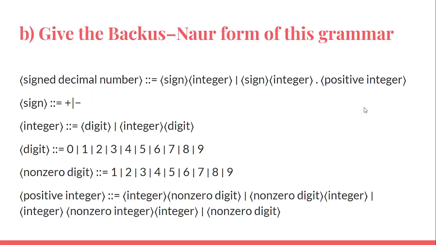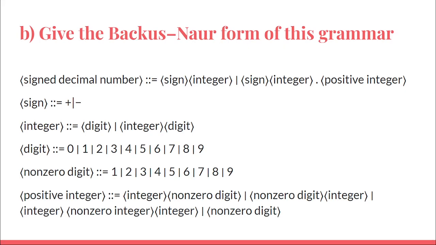The second question we were given is to give the Backus-Naur form of this grammar. Backus-Naur form is just a notation technique to represent a context-free grammar, and it usually specifies the syntax of a language.